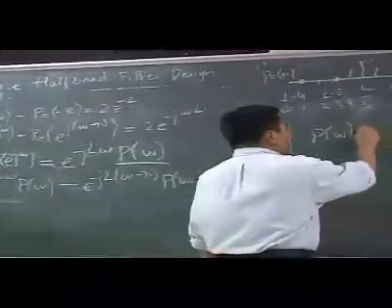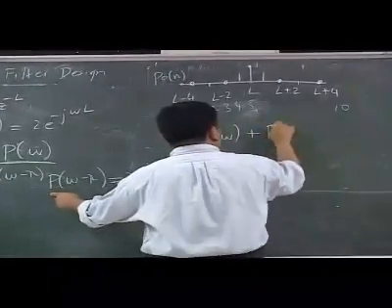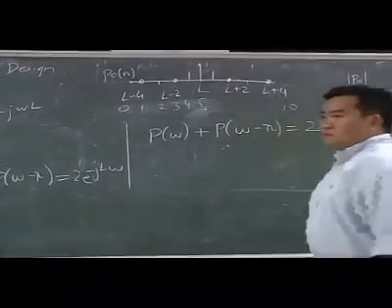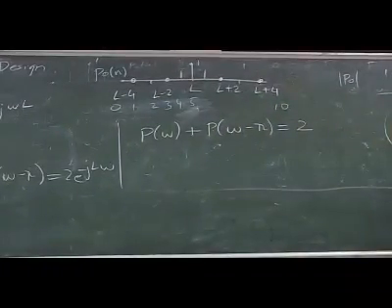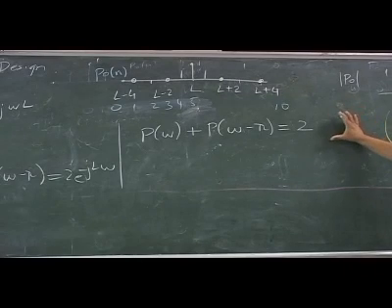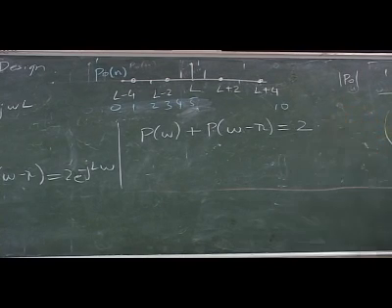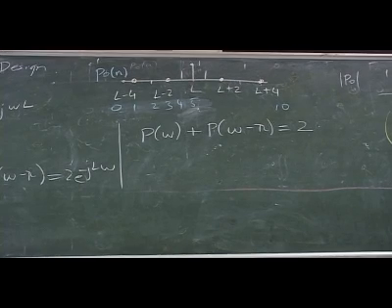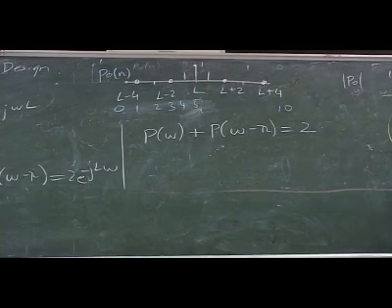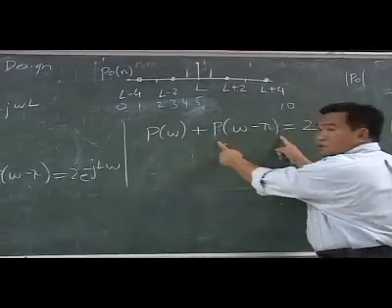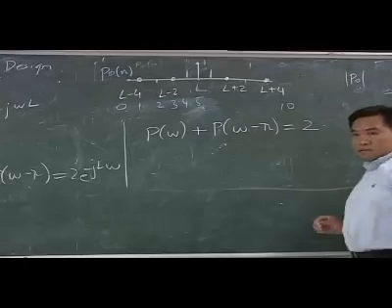So I have plus e omega minus pi equal to 2. Here I'm using the property that L is R. Basically this is telling us how the amplitude responses have to be related. So we see that P of omega and the shift have to add to a constant.